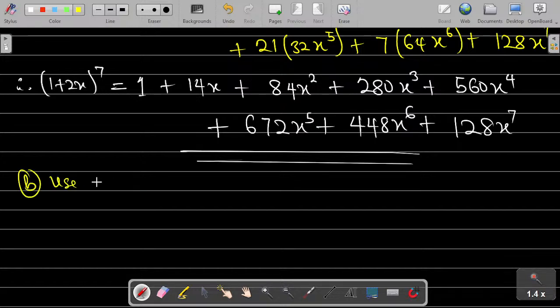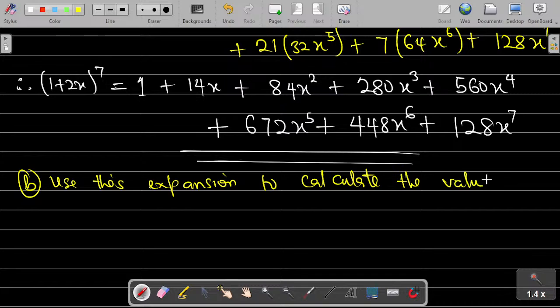Use the expansion to calculate the value of 0.98 raised to the power of 7. Correct your answer to 4 decimal places.